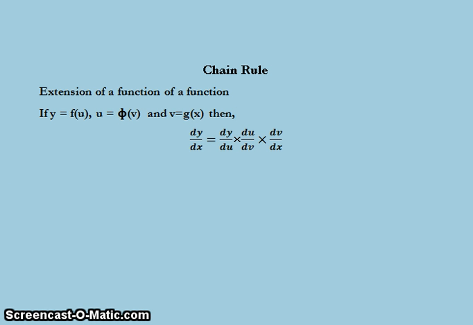That is, the derivative of y with respect to x is equal to the derivative of y with respect to u into the derivative of u with respect to v into the derivative of v with respect to x. This is called the chain rule and is a very useful and powerful tool in differentiation. Now using the aforediscussed rules, we can evaluate the given differentiation easily.